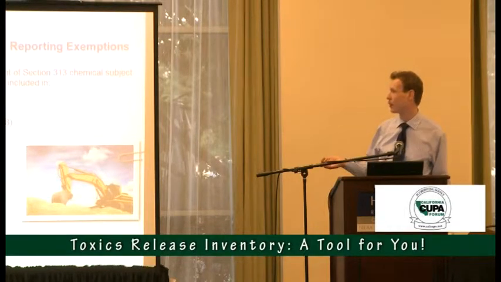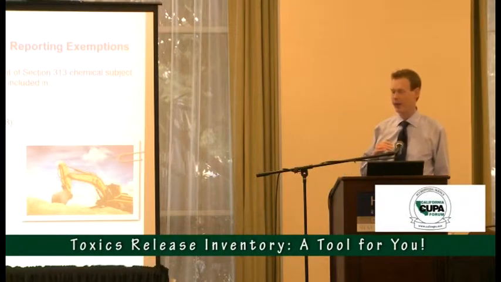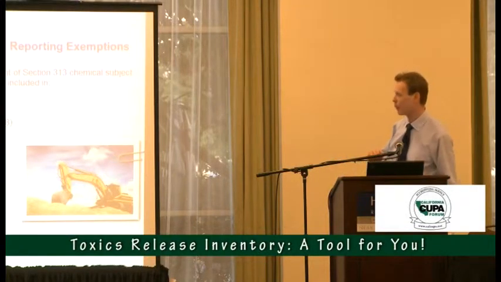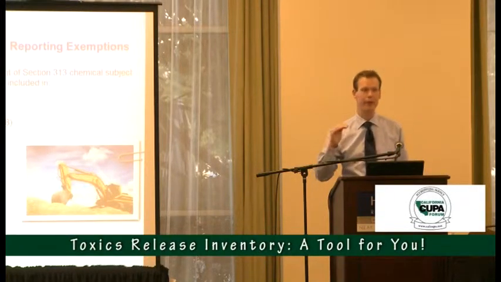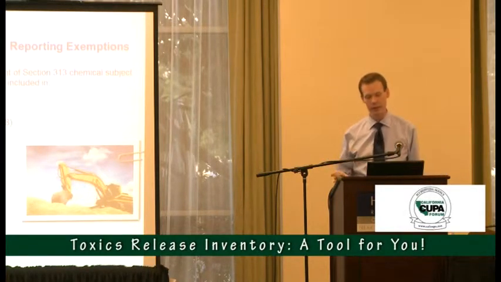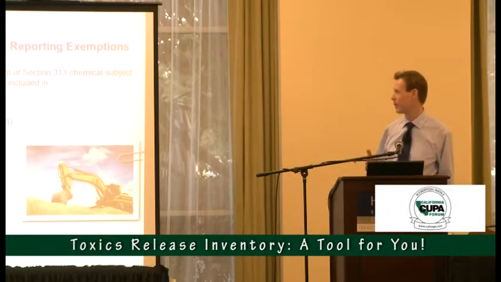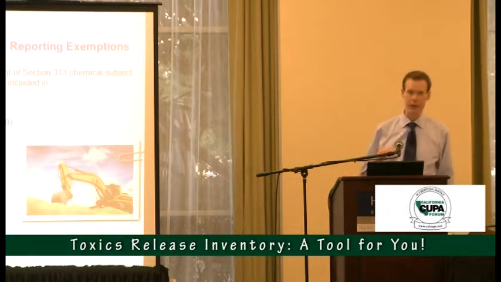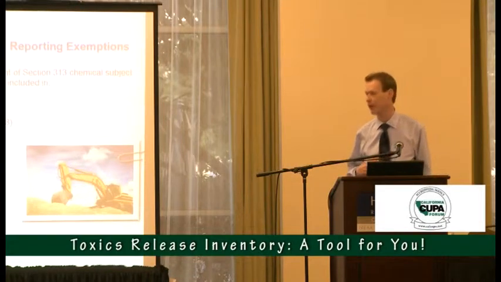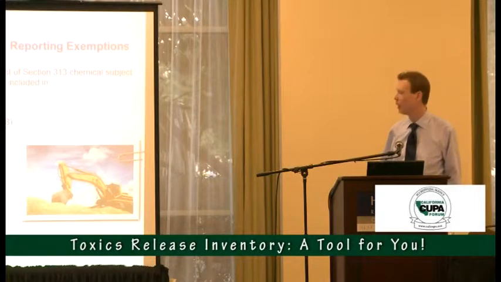For most chemicals, there are de minimis limits that are either 1% or 0.1%. And if you're using TRI chemicals below that percentage, it's not reportable. So this does allow a number of impurities and byproducts to not be TRI reportable. But if they do get concentrated into a higher concentration, then they do become TRI reportable.